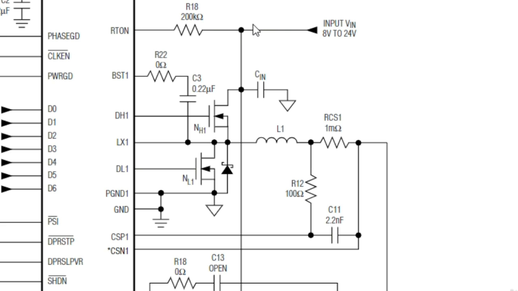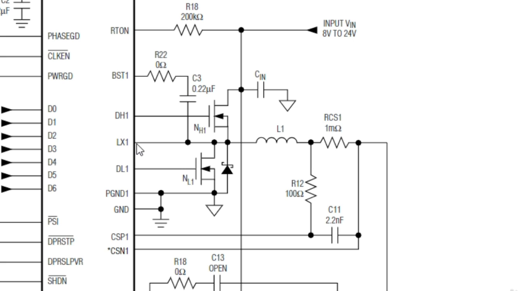So the 19 volt will go here to power the IC first. And then it will pass through this MOSFET. As you see, we have here drive high 1 to activate this MOSFET, and here we have drive low 1 to activate this MOSFET.